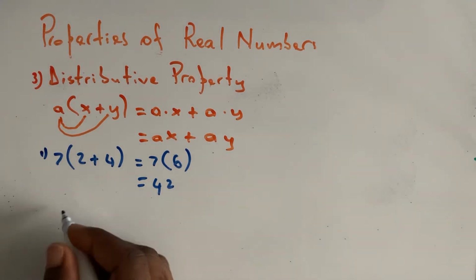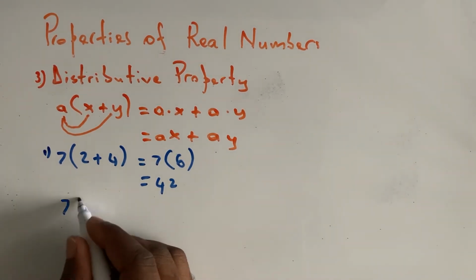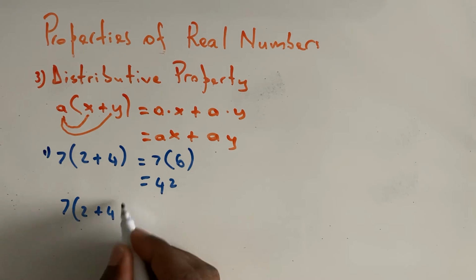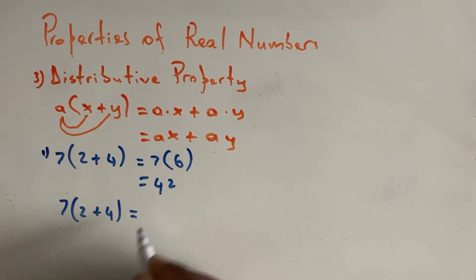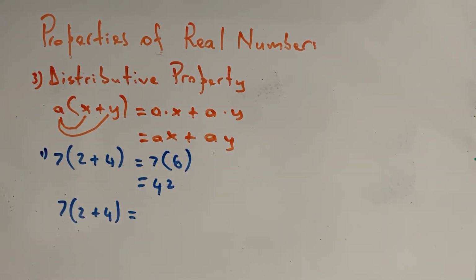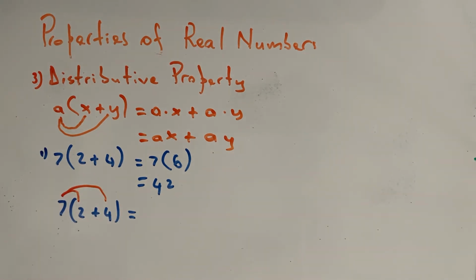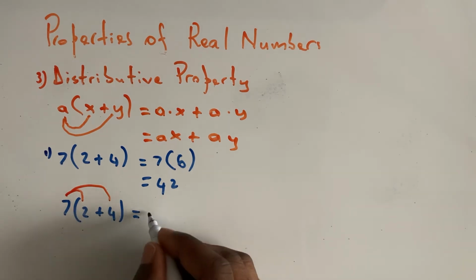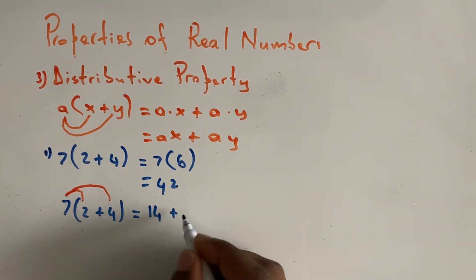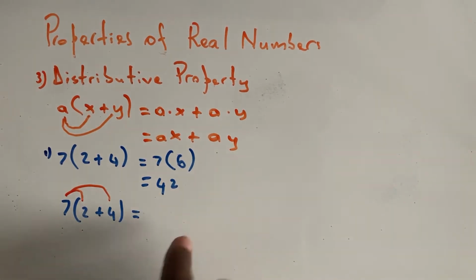So let's say, how about using the distributive property? Okay, well, you could have used the distributive property and done this like we just said, right? So you distribute the 7 to the 2, then to the 4. Then you would still get the same answer. Let me show you everything here.